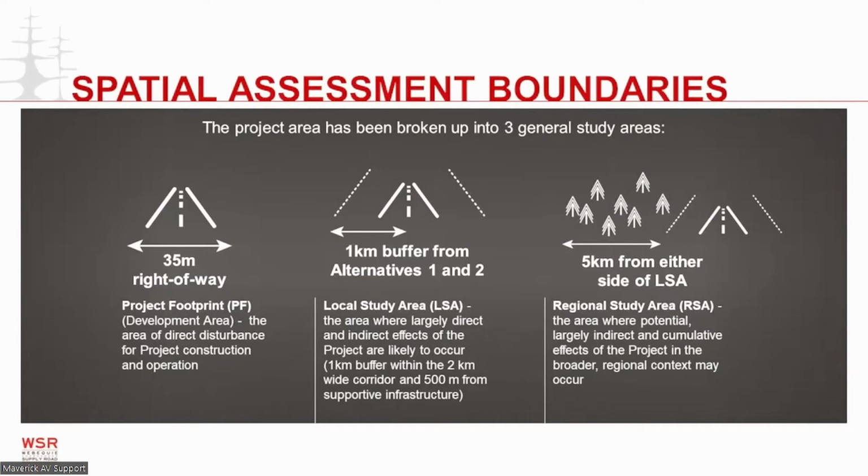What we call the project area or project footprint. Then we have 1 kilometer on either side of the road center, which is called the local study area, and the regional study area, which is 5 kilometers on each side of the center line of the road. Those are the general study areas.